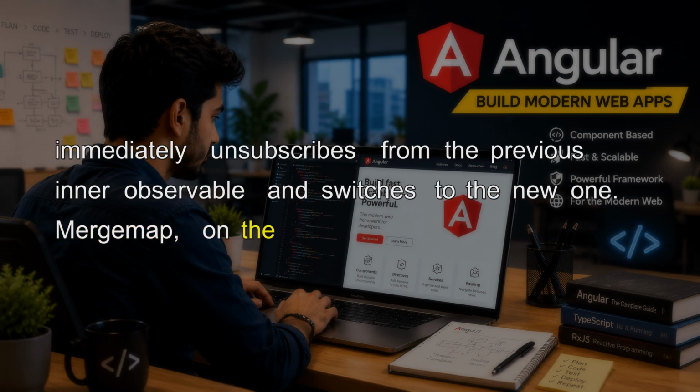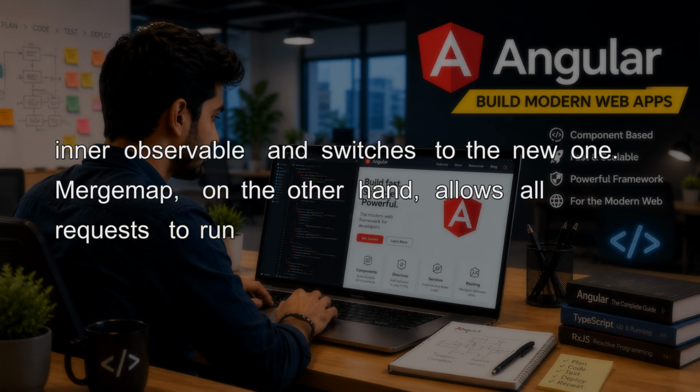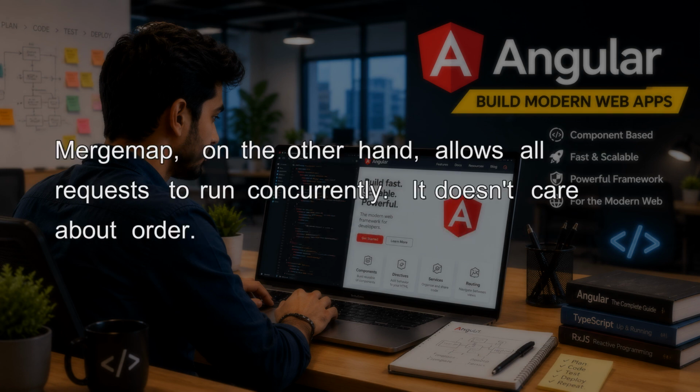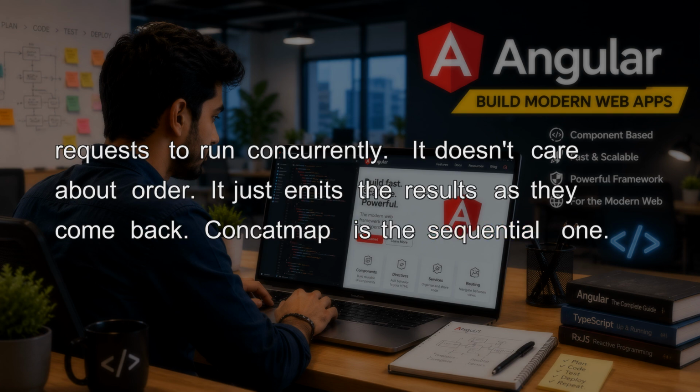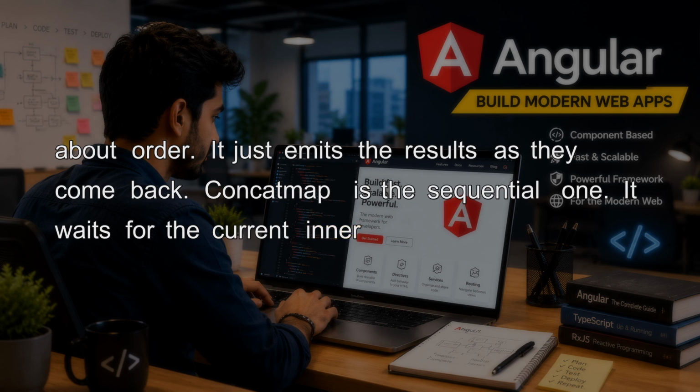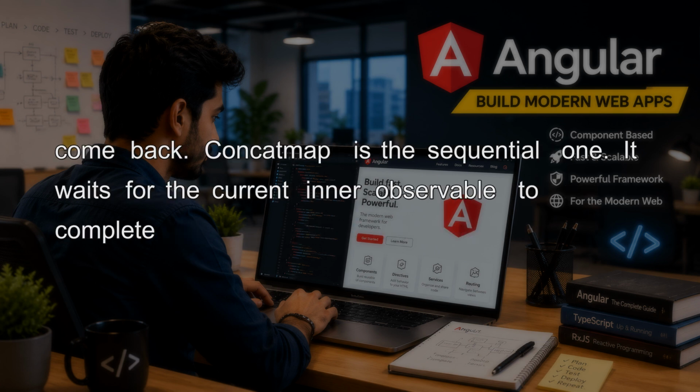Merge map, on the other hand, allows all requests to run concurrently. It doesn't care about order. It just emits the results as they come back. Concat map is the sequential one. It waits for the current inner observable to complete before it even starts the next one.